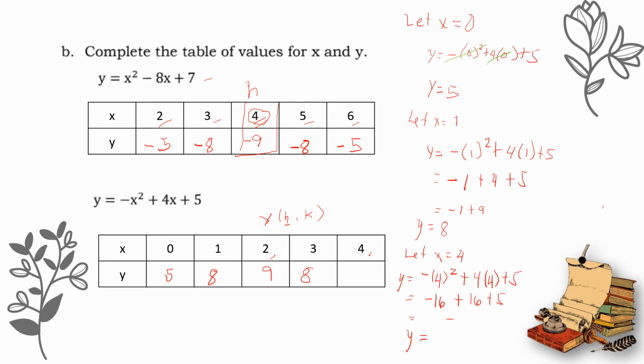Mapapansin ninyo, ito na po ay equal to 0. So, ang natira na lang po ay 5. Therefore, kapag ang x mo ay equal to 4, ang y mo ay equal to 5. So, ito na po yung table of values po natin sa second equation.